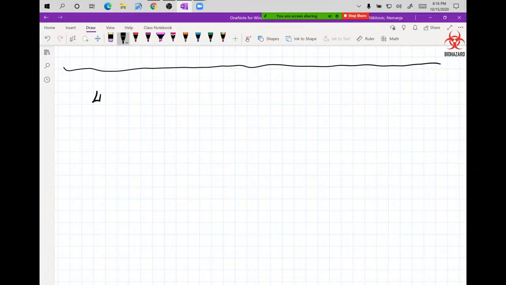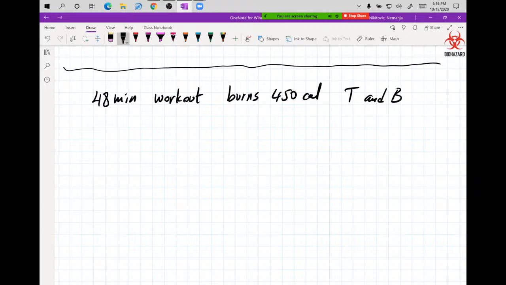Okay, so a 48-minute workout burns 450 calories on a tread climber and stationary bicycle. I'm going to say treadmill and bicycle, but it's tread climber and stationary bicycle.